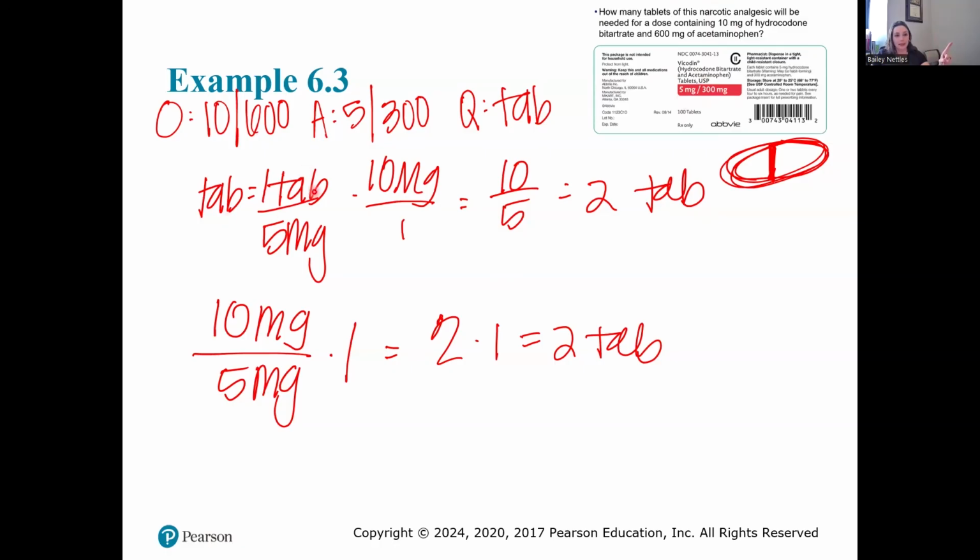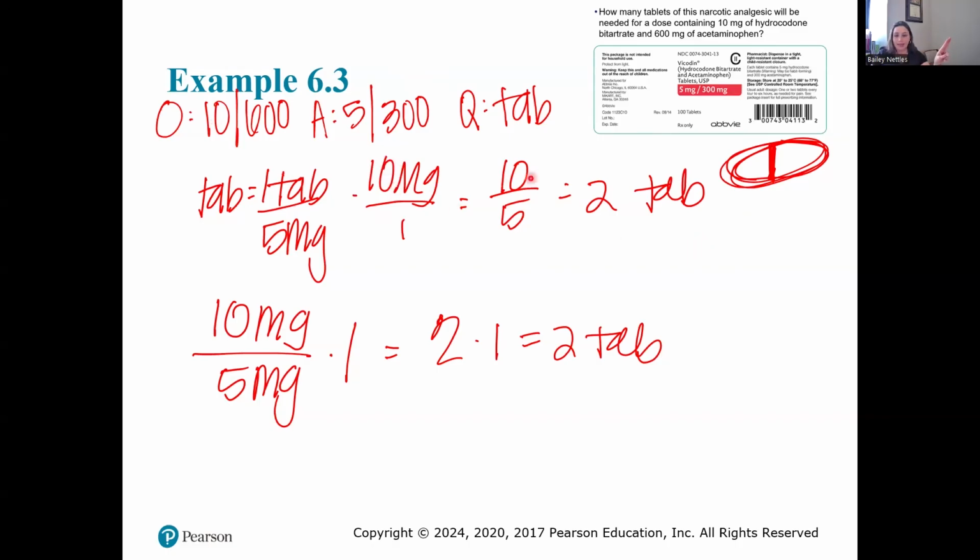So one tablet is 5 milligrams because I'm picking the first one because that's the easiest one. Okay. I have 10 milligrams is what I need. So my milligrams can cross out. I'm left with tablets. I've used all the numbers I'm supposed to use. 10 times 1 is 10. 5 times 1 is 5. Divided is 2. You can do this again with the 300 and 600. You're going to get the same answer. It is still 2 tablets.